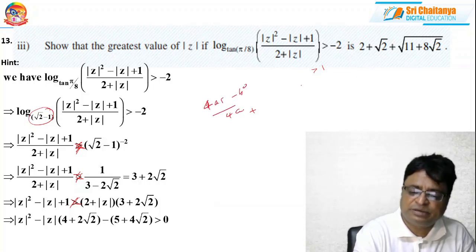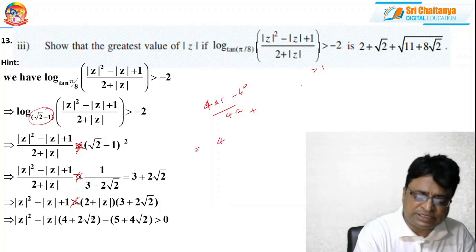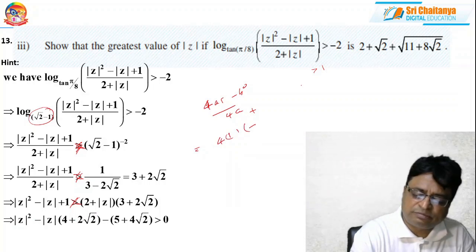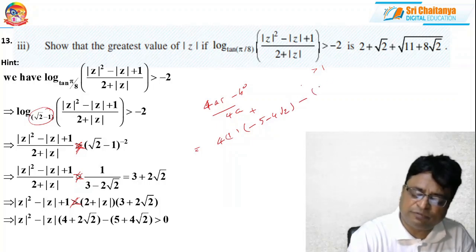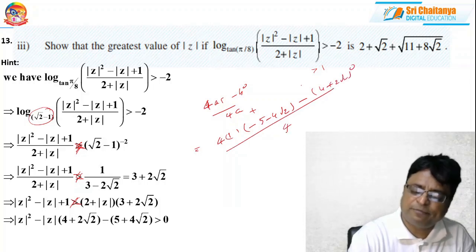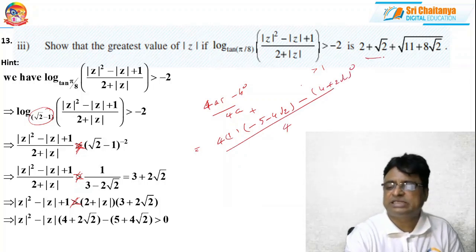You can get it. So a means this one, 1. C means this one, minus 5 minus 4 root 2. Minus b square means 4 plus 2 root 2 whole square, by 4a, 4. Simplify this, you can get this as the answer.